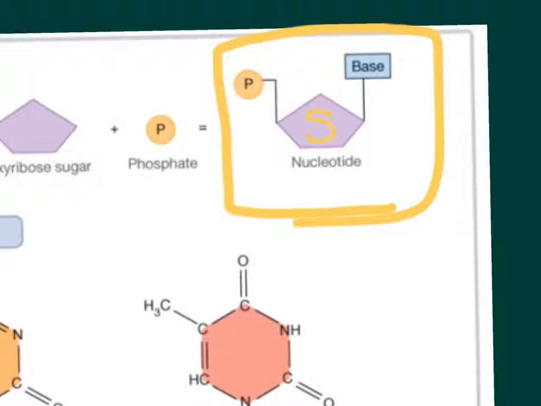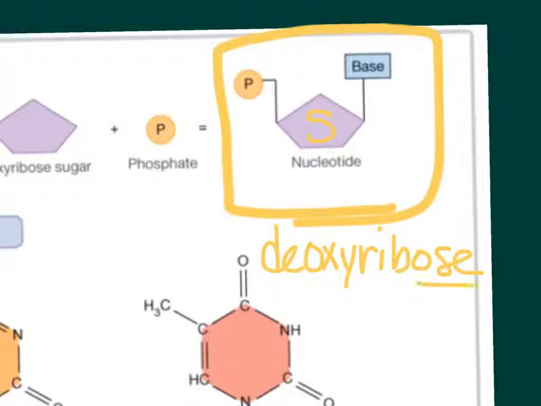In DNA, the sugar that we're referring to is deoxyribose. But I don't have to tell you guys that. You already knew that was a sugar because it ends in ose. In DNA, the sugar is deoxyribose. If we were looking at RNA, the sugar would be ribose.